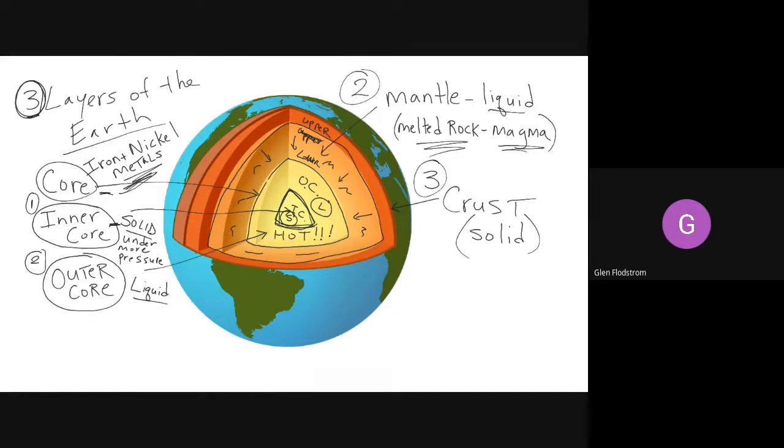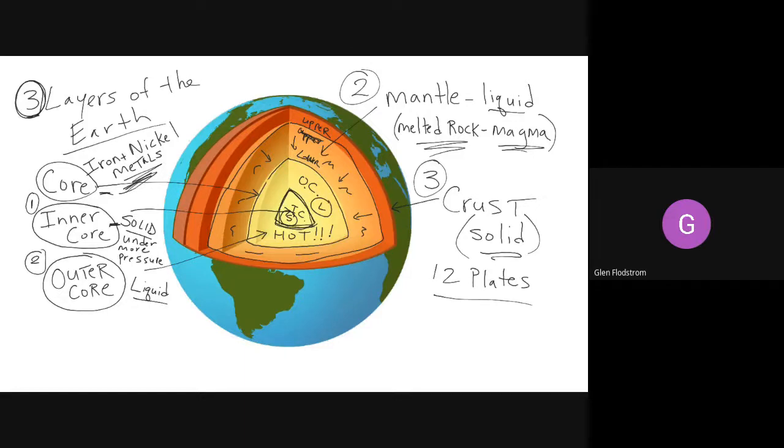And then the last one, the third layer, is the crust. That's the outermost layer. It's in the form of a solid. Now this crust isn't one solid piece. It's actually broken into 12 main plates. There's more than 12, but these are your 12 major plates.